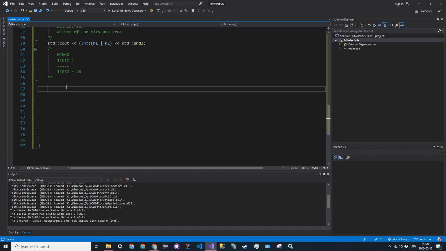So that's bitwise OR. Now, an example of how you can use a bitwise OR is to activate a state. This is going to be switching it from either on to on or just off to on. You can do either one because it's an OR.